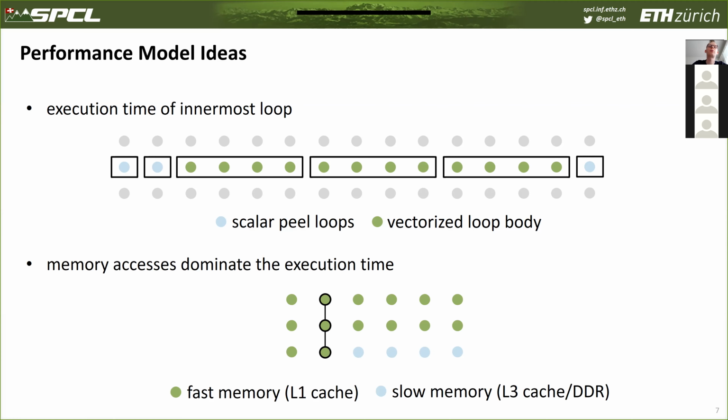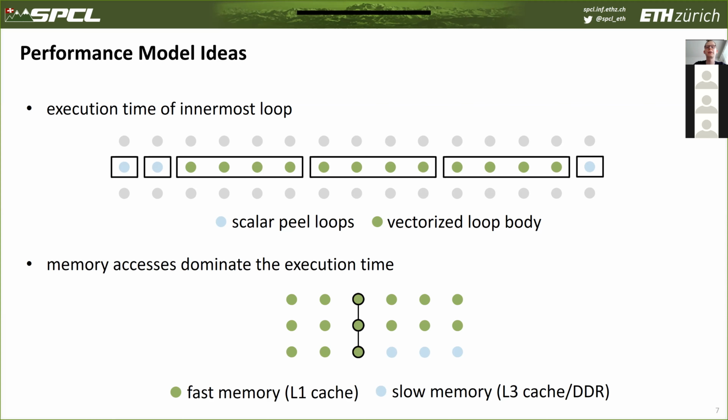Then we also observe that stencils are heavily memory bandwidth limited. And by memory, I mean not just the DDR memory, but actually the L1 cache and the L3 cache or DDR, depending on your problem size. So if we look at this example, the black boundaries show a stencil. If we execute this stencil, we first load the blue point from the slow memory to the fast memory.